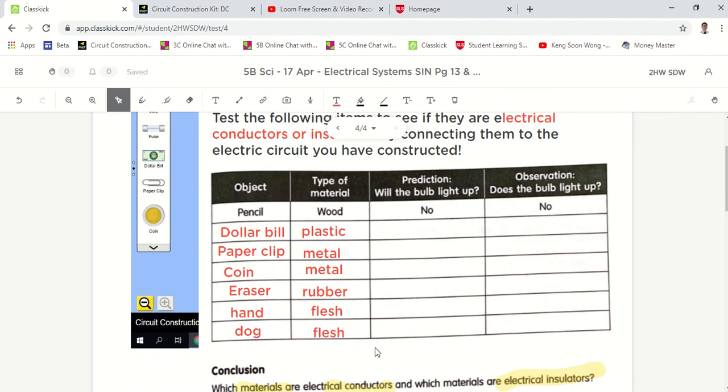For the prediction, we know that metals are good electrical conductors while non-metals are good electrical insulators. In order for the bulb to light up, it must be a conductor, which most likely is a metal. For plastic, no, it will not light up because it's an insulator.